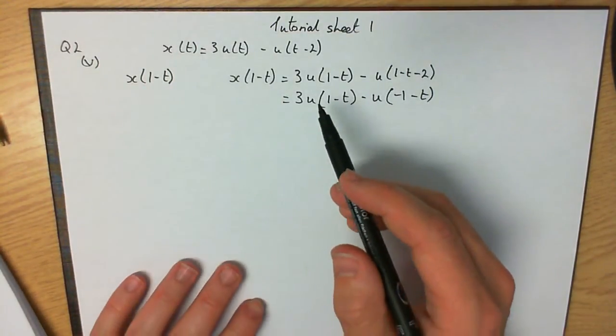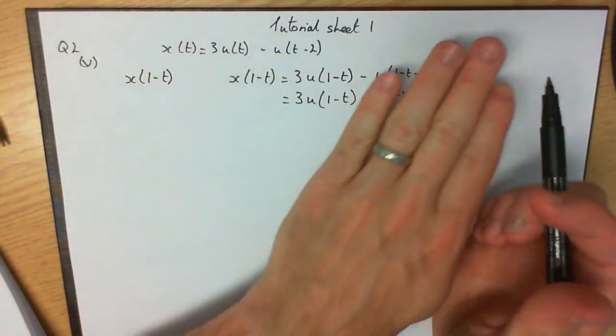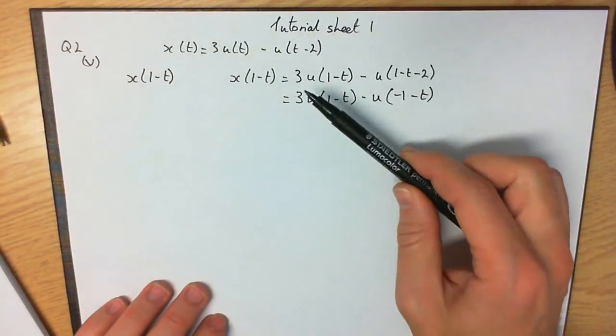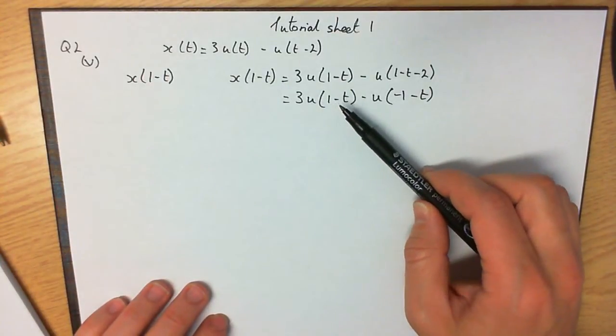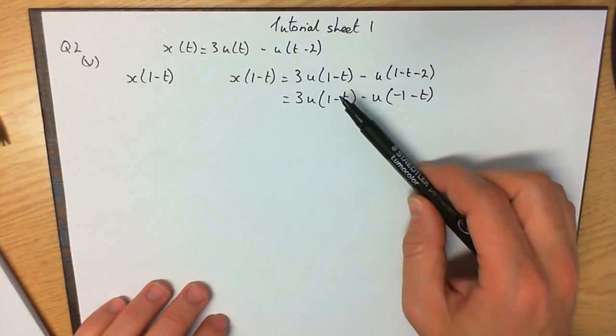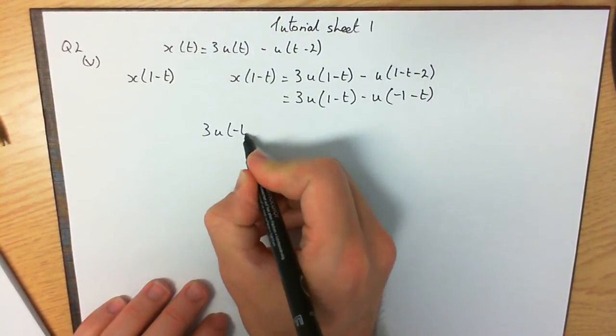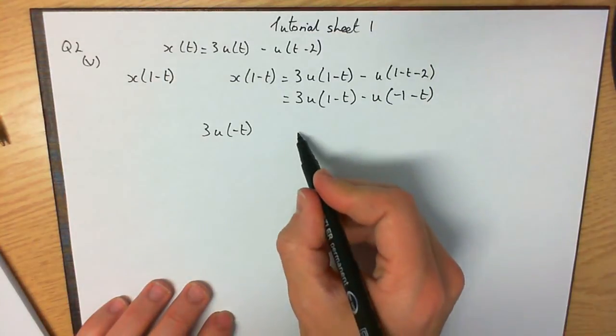So first of all, what I'm going to look at is that half, how do we cope with this 3u of 1 minus t? Well, first of all, let's think about what 3u of minus t looks like.